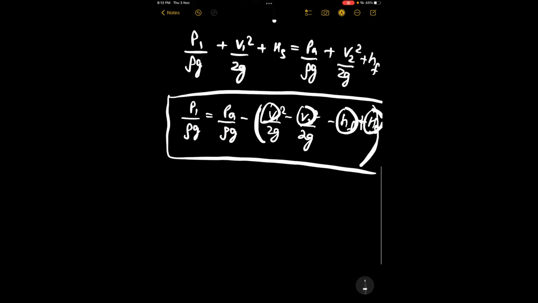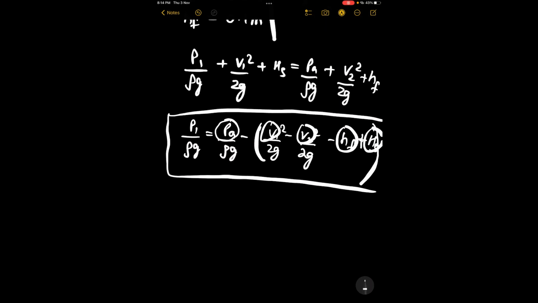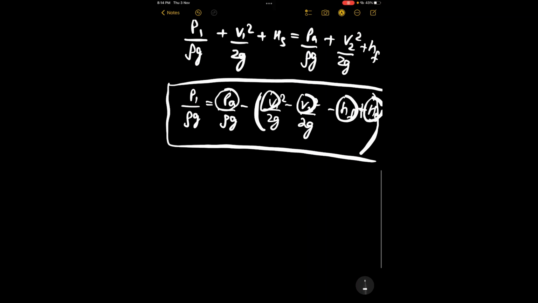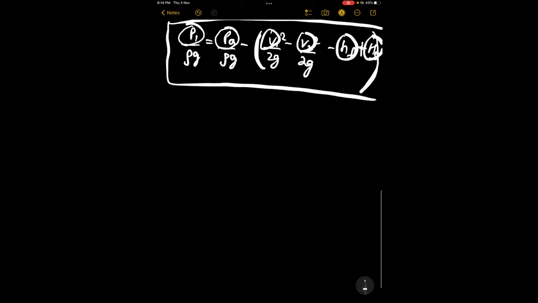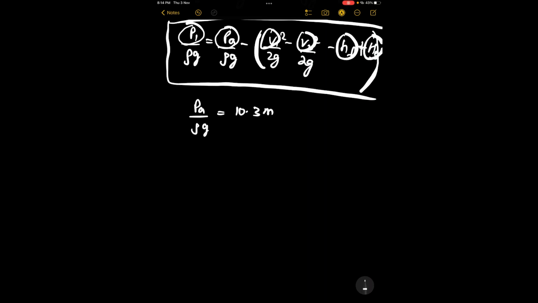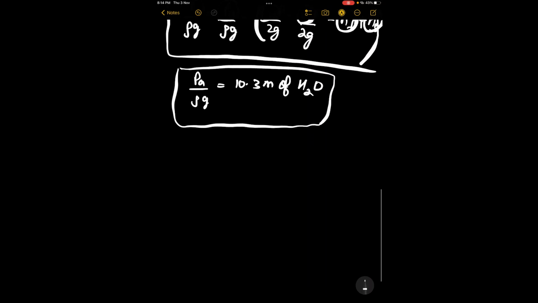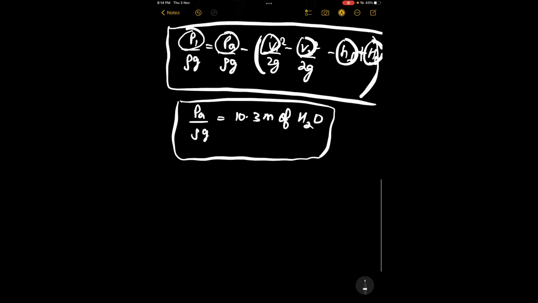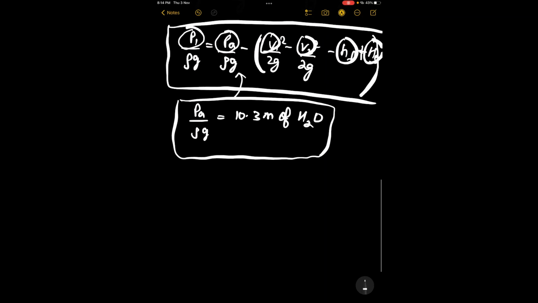The question will arise that depending upon the value of the atmospheric pressure that you choose, your pressure head at P1 will vary. Usually you write pa by rho g equals 10.3 meters of water column. You put this value into this place, and you would get the absolute pressure head at section 1.